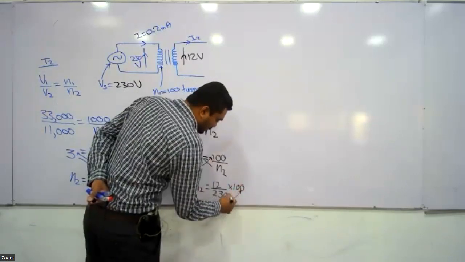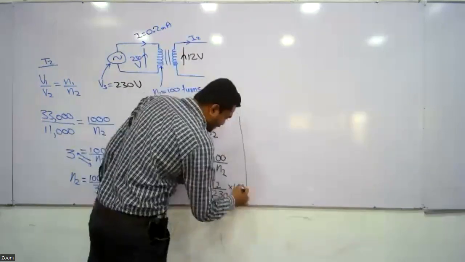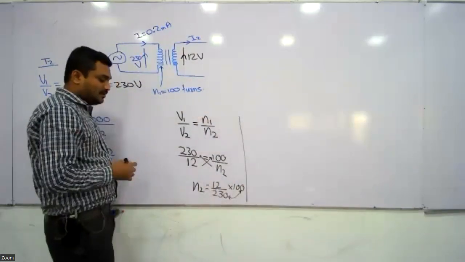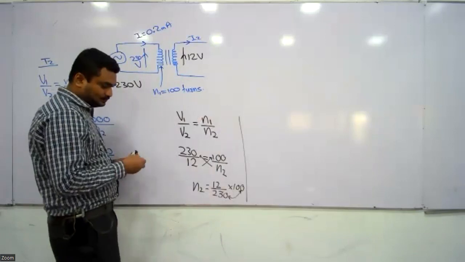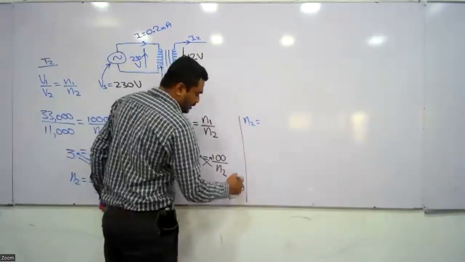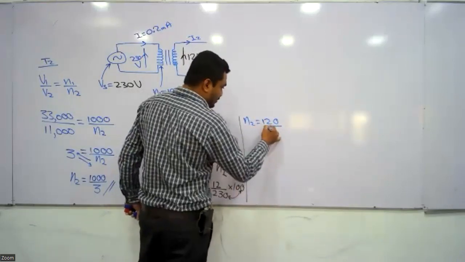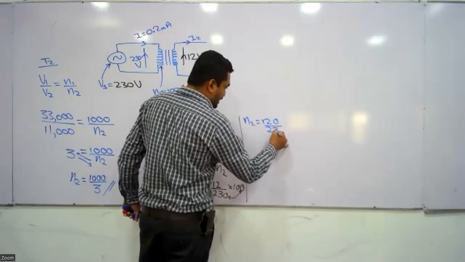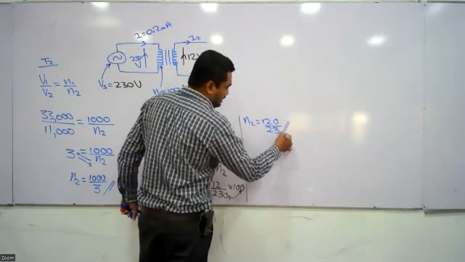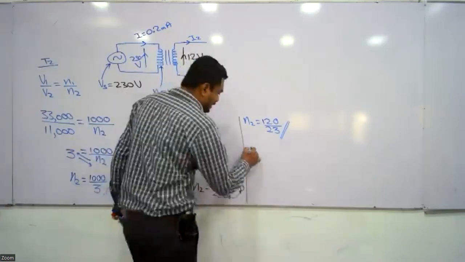Now one of the zeros can be cancelled out. So what are the remaining numbers there? N2 equals 12 into 10, that is 120 divided by 23. So this much of turns are there. Shall we divide and find it?